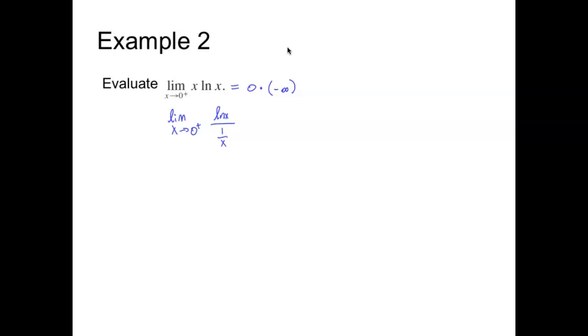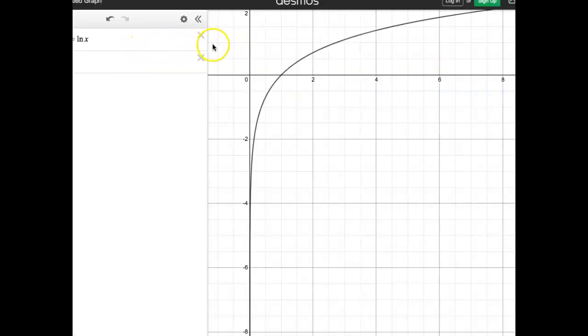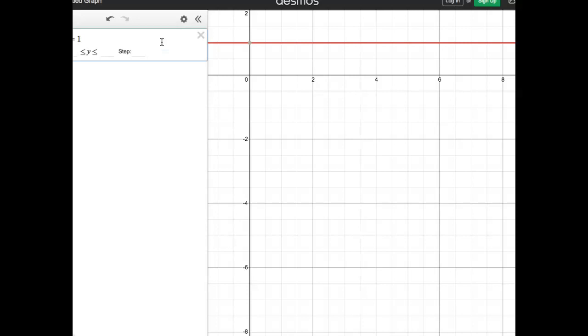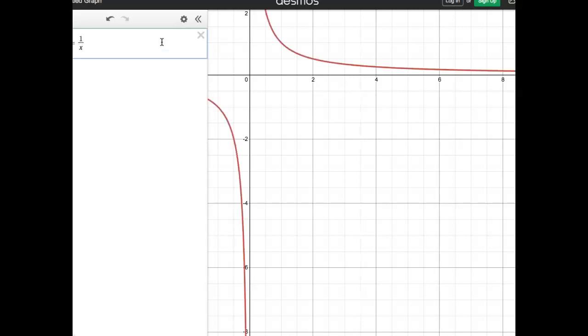And so let's just verify that this is an indeterminate form. Well, we already know that as x approaches 0 from the right, natural log of x approaches negative infinity. What about 1 over x? Well, we can just look at this as a graph. So here's 1 over x.